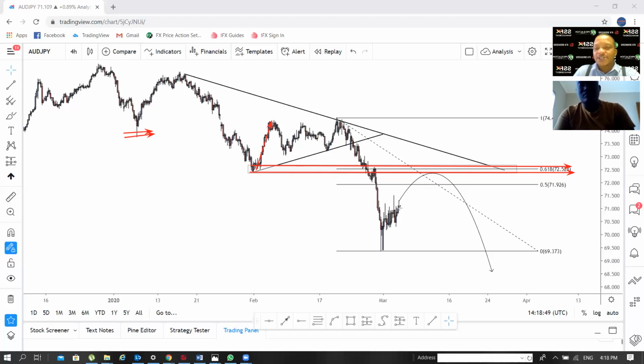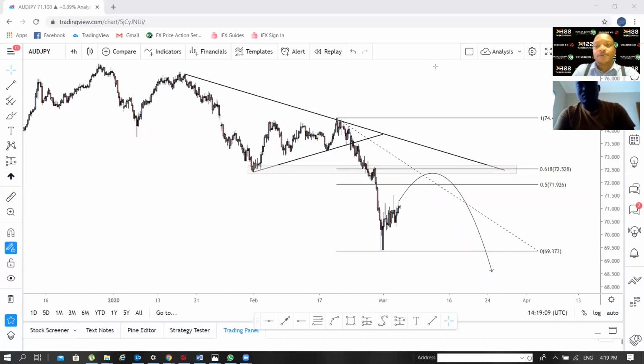So you patiently wait for price to reach 61.8 of your Fibo, or you patiently wait for price to reach inside that order block. And that's when you can execute going down like this. Are you with me? So cool.